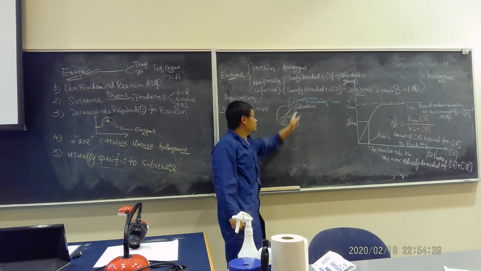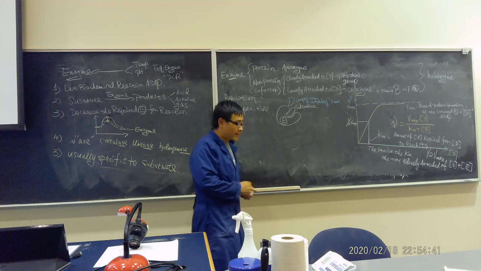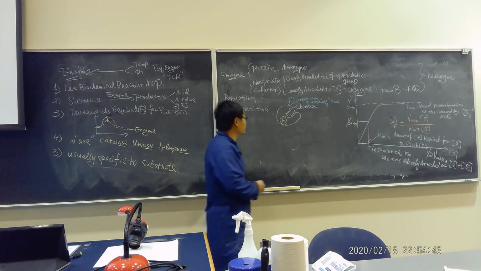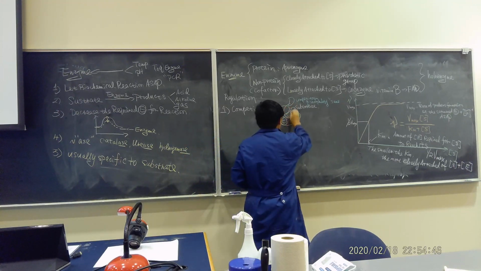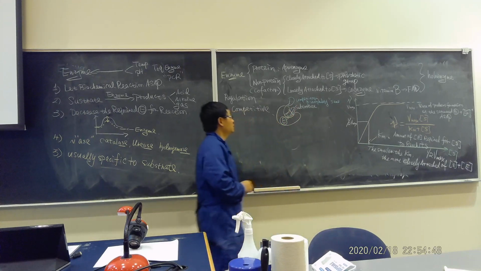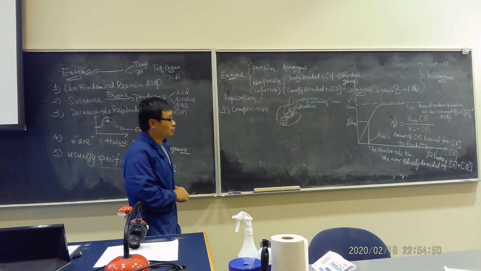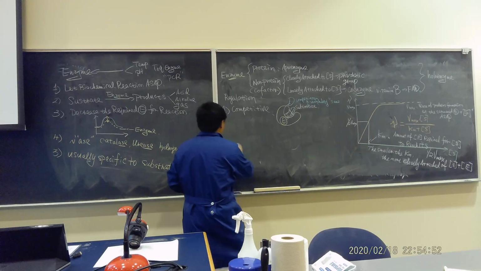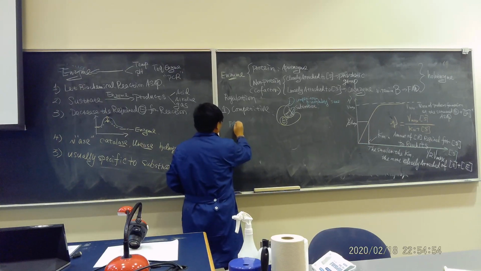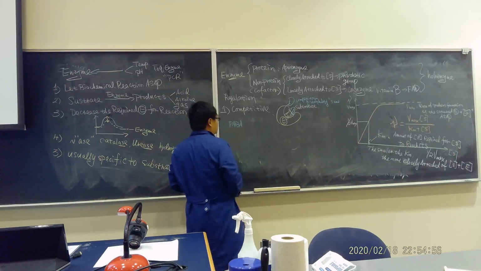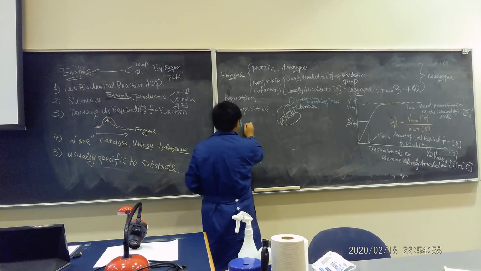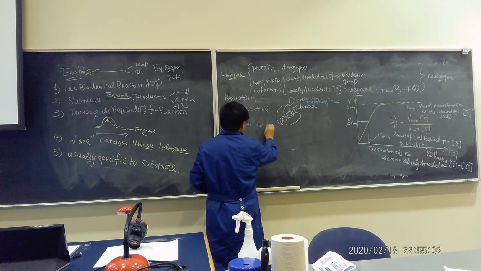So instead of the substrate reacting with or attaching to the enzyme, this competitor could go here and block the substrate from the enzyme. So for example, PABA is a metabolic precursor for bacteria to generate folic acids.